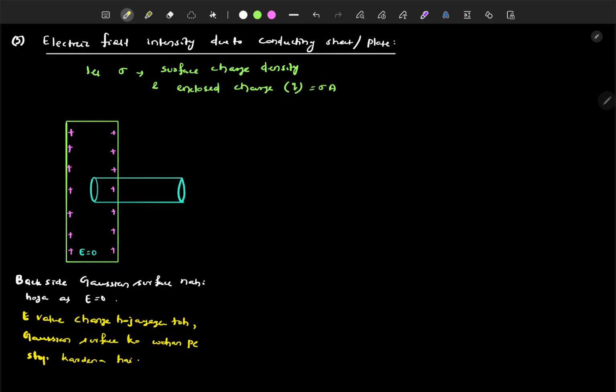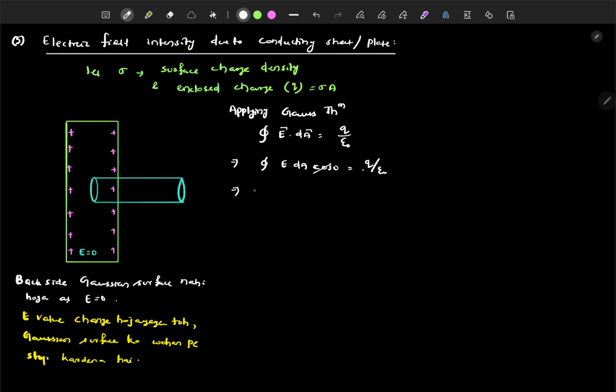Yes, I hope this conceptual line is clear to all of you. So same thing, applying Gauss theorem in this case, we will get closed integral E vector dot dA vector equals Q divided by epsilon naught, and it will be closed integral E dA cos 0 equals Q by epsilon naught.